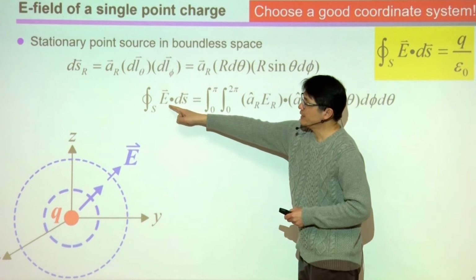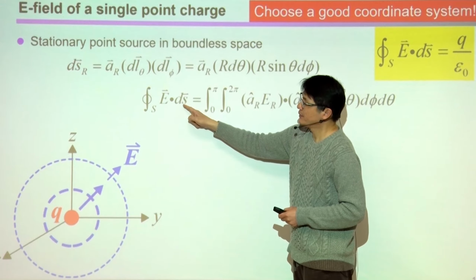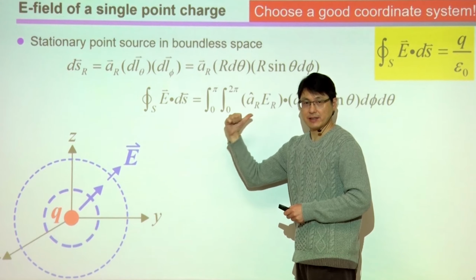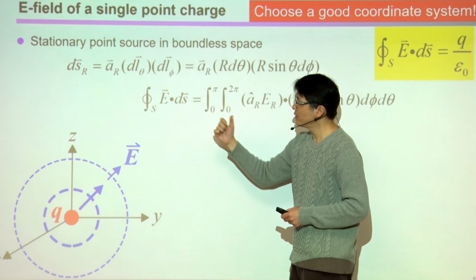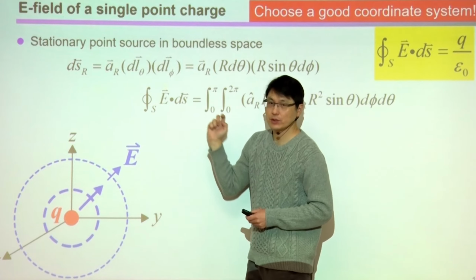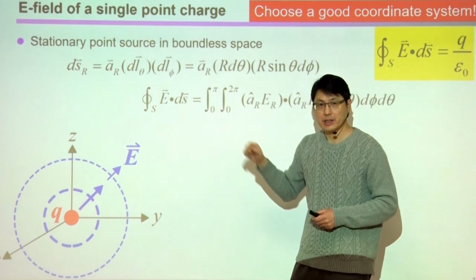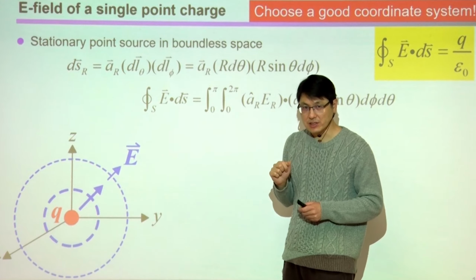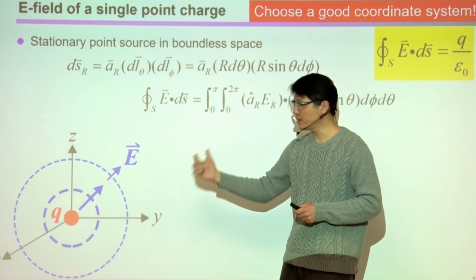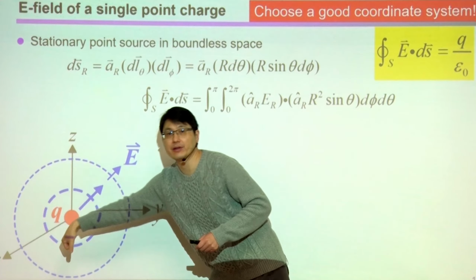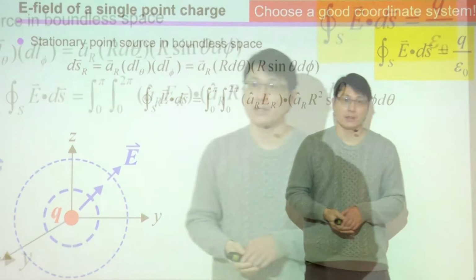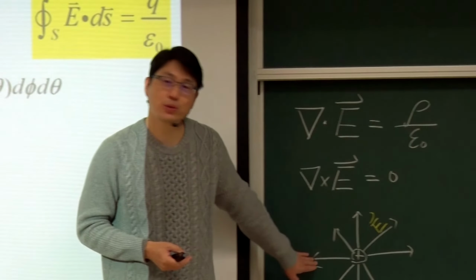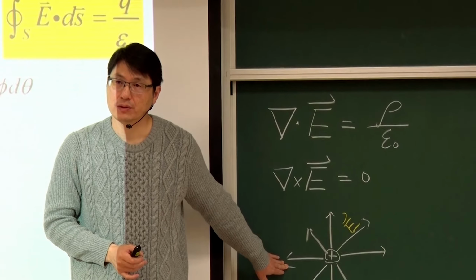Now, because dS is pointing in the radial direction, for the dot product to be non-zero, the E field intensity is also pointing everywhere in the r direction. And that conforms to our assumption, right?